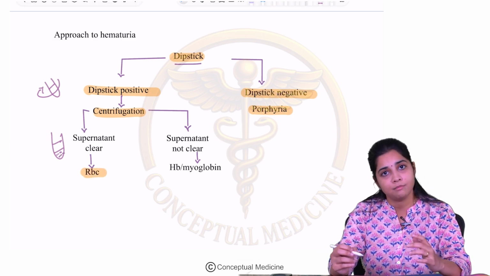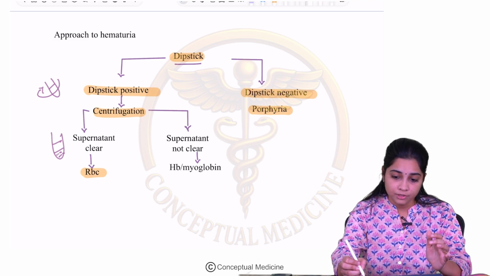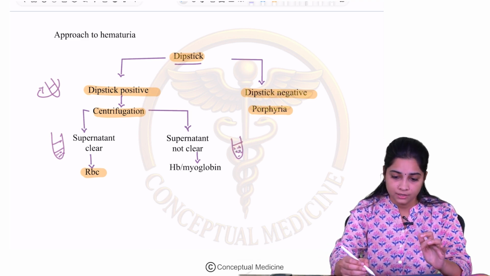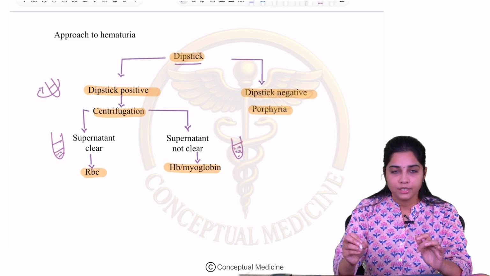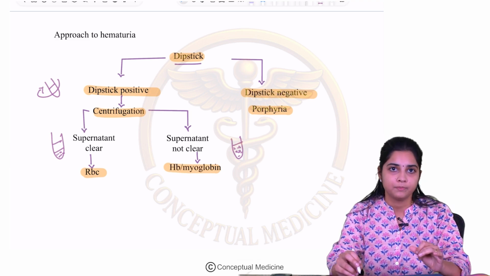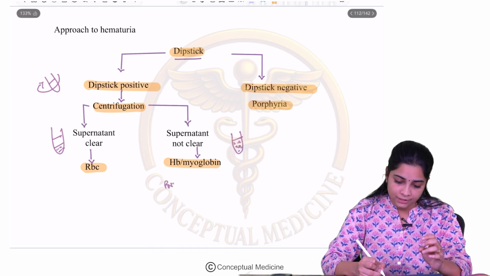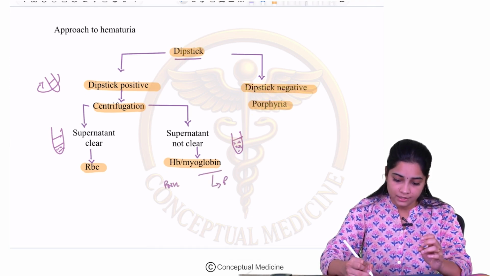That means it is hematuria in itself. If the supernatant is not clear despite centrifugation, that means this is either hemoglobin or myoglobin. Hemoglobinuria, where do you find that? You find that in PNH. Where do you find myoglobinuria? You find it in rhabdomyolysis.